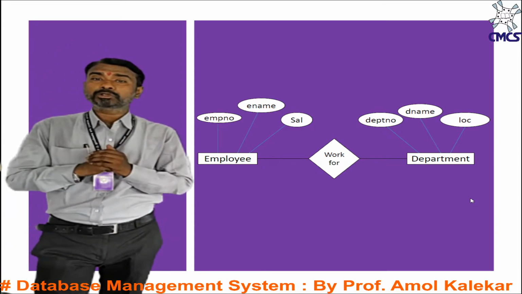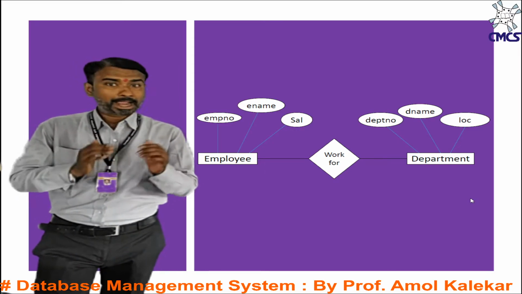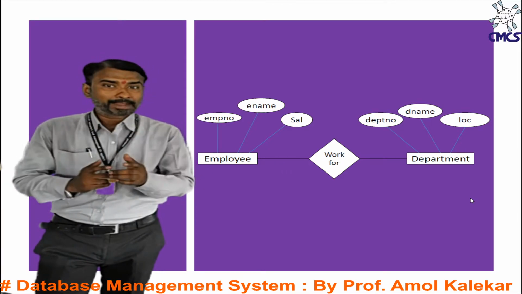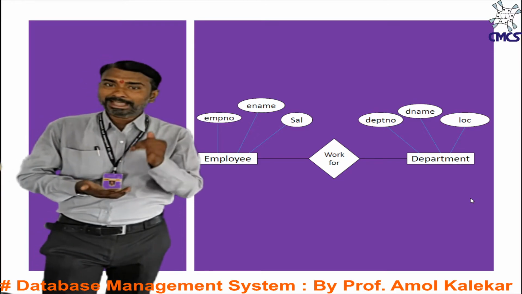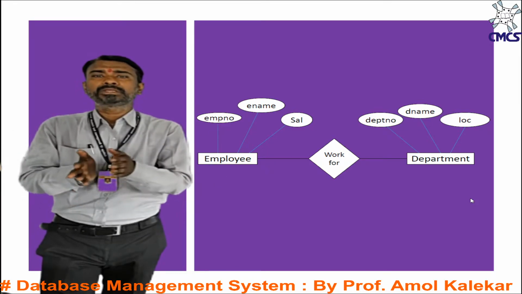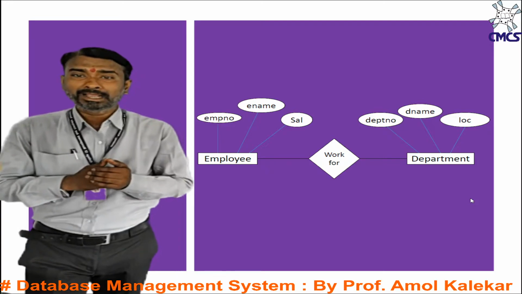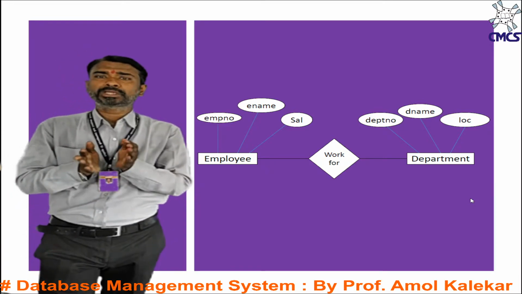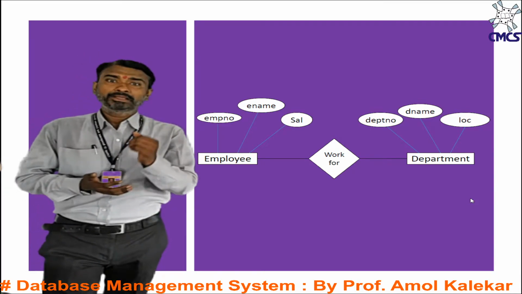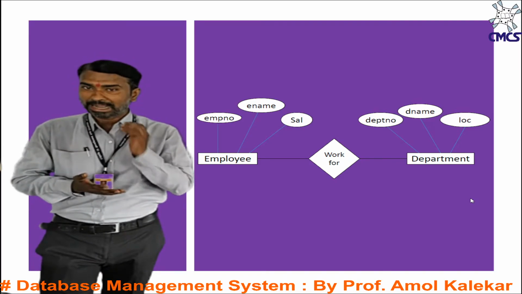Again, the attributes of the entity are represented with the help of ovals or ellipses, and to represent the relationship, we have to use the diamond. Again, the attributes along with the relationships of the entity, each one of these has to be connected with each other with the help of a connecting line. So these are some of the constructs or the symbols that are used to represent the entity, relationship and attributes in the entity relationship diagram.